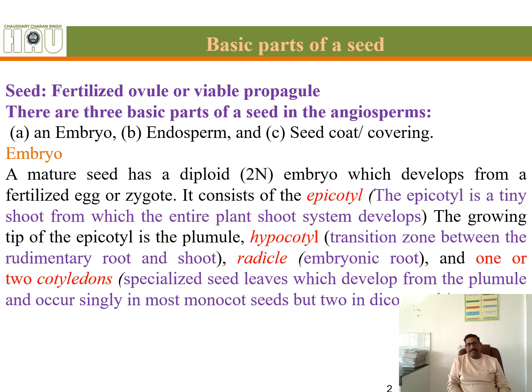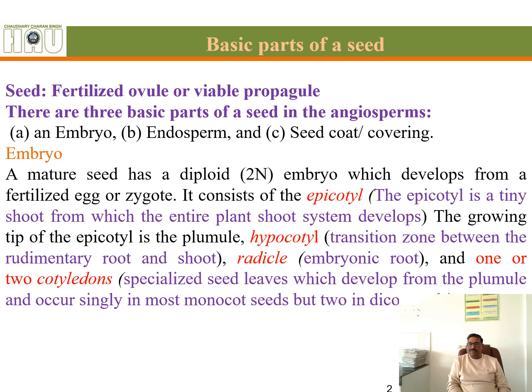When we talk about the embryo, in a mature seed, the diploid embryo develops from the fertilized egg or the zygote. And this particular embryo consists of epicotyl. Epicotyl is a teeny shoot from which the entire plant shoot develops.